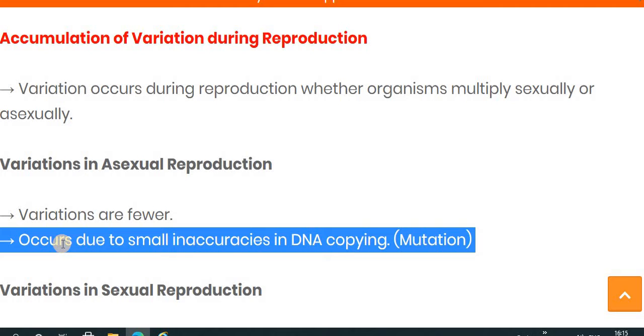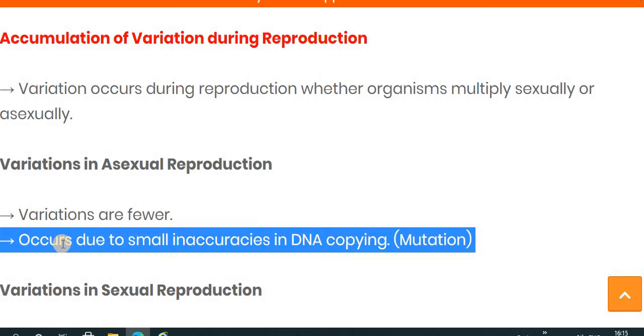Mutation means that due to some natural phenomenon or disaster, changes occur in DNA copying, and due to that mutation, variation occurs.